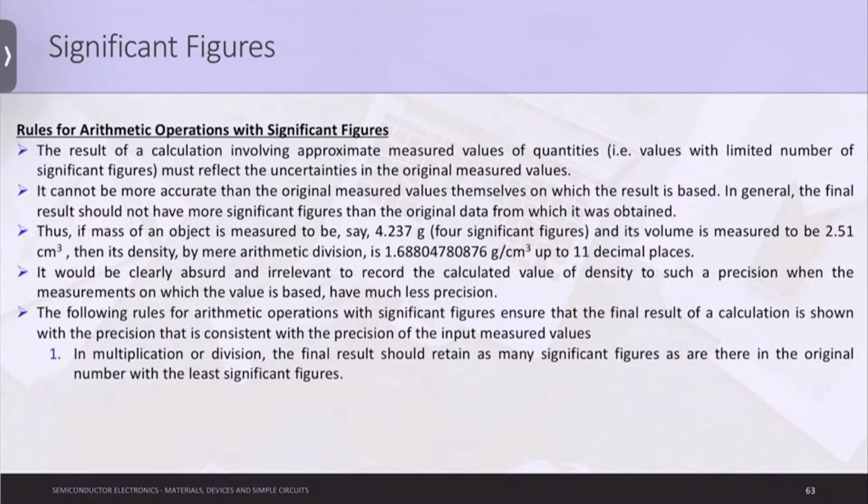The first point states that the result of a calculation involving approximate measured values of quantities. What is the meaning of this? That is the values of limited number of significant figures. Please remember this is again intuitive information only. Because there was some uncertainty involved, we tried to understand this complete chapter called units and measurements.